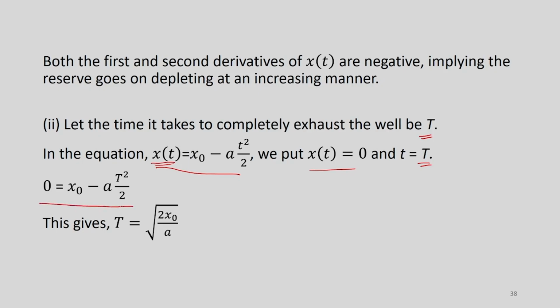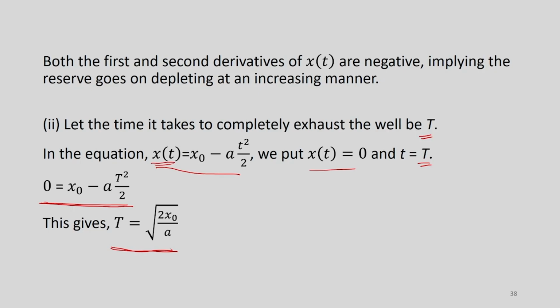That will give me this equation, 0 is equal to x0 minus a times capital T square divided by 2. Then I just have to solve this for capital T. I take the positive root and this gives me T equal to the root over 2x0 divided by small a.